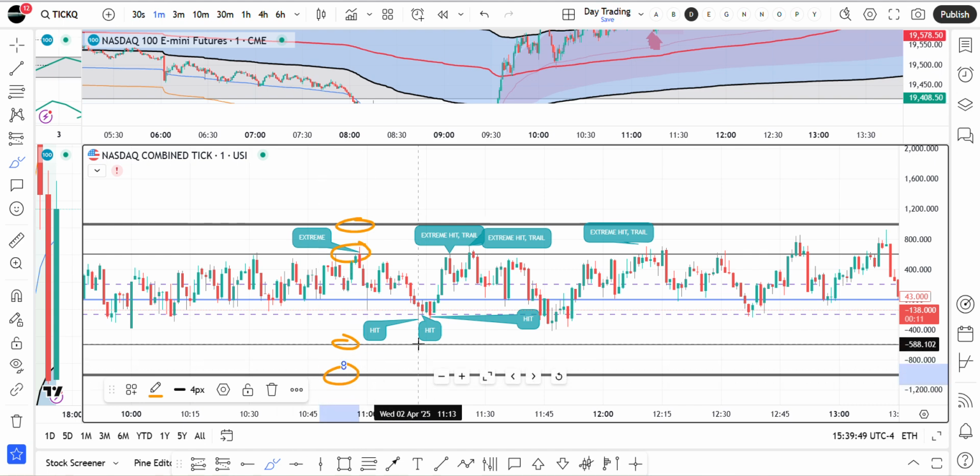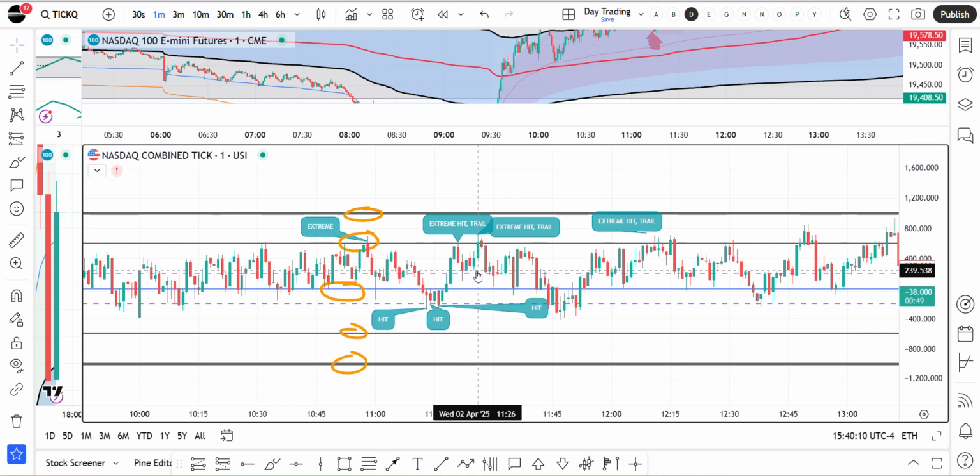Certain people have different levels for buying and selling because they think that markets always go up. So you don't need to have this at 600, they have maybe at 400. And then I've got my zero line as well. Zero, which is actually not neutral, it's fast trend. It's fast trend.